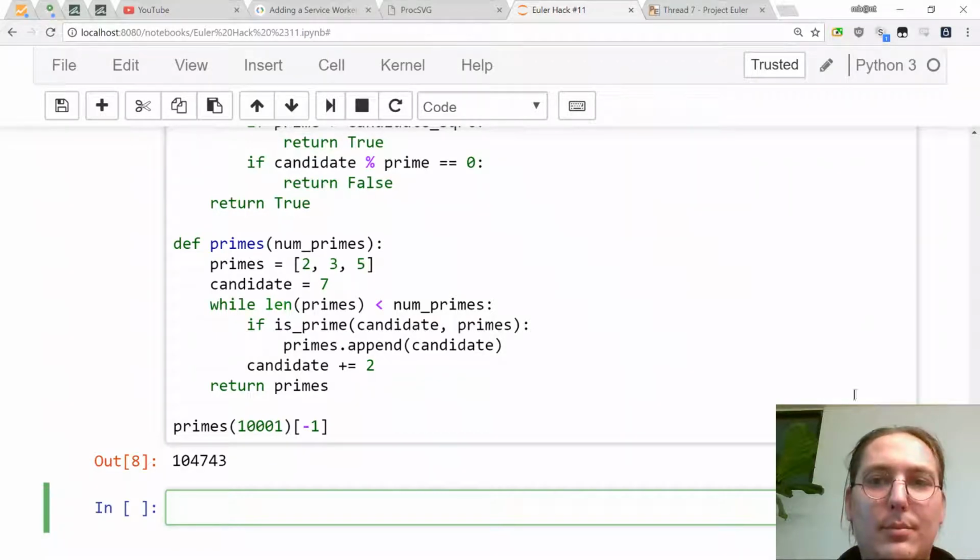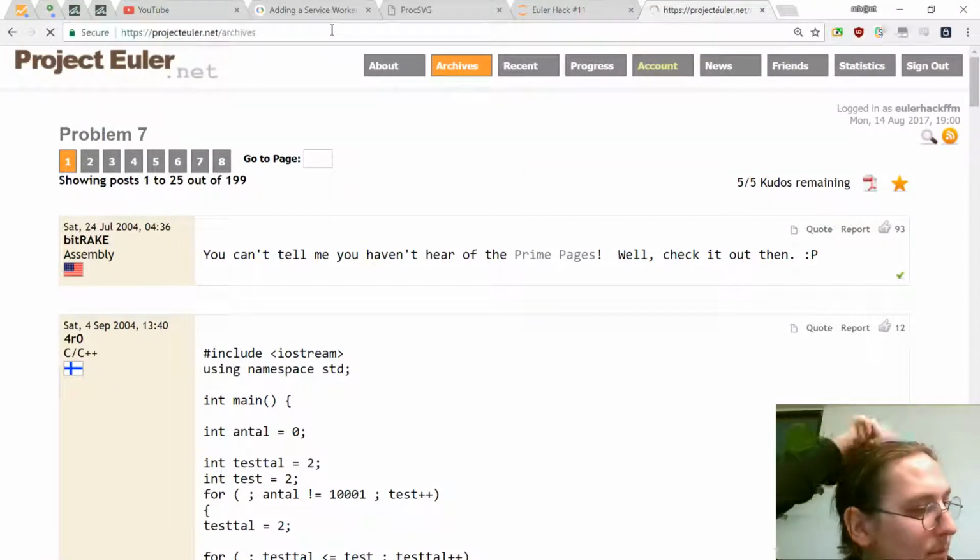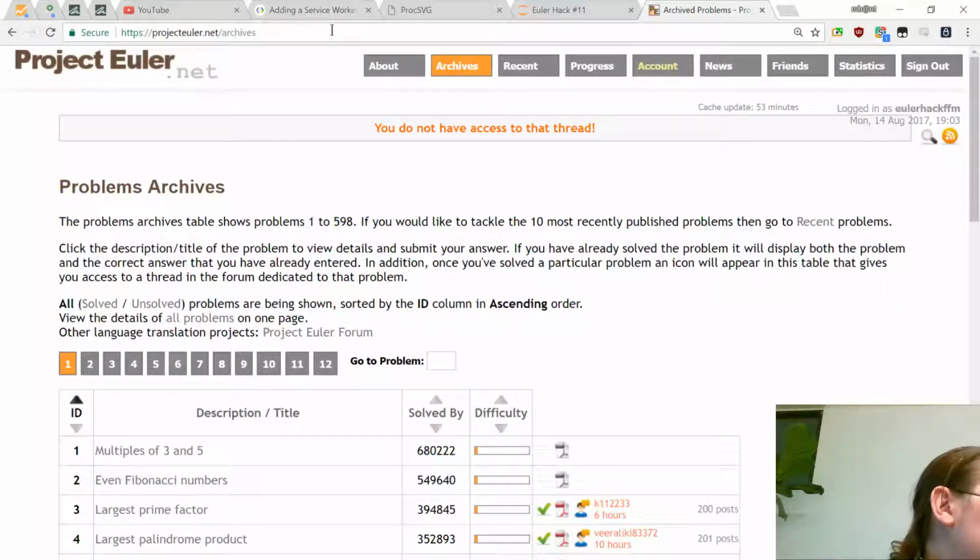Which number? 102. I guess you don't need the copy.